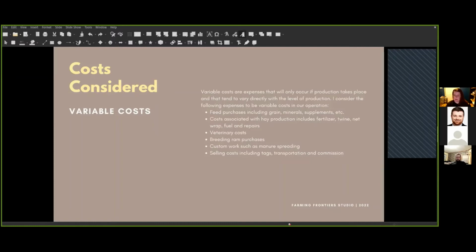even hay, actually. All the costs associated with producing our own hay. So that with fertilizer, twine, net wrap, fuel and repairs, custom work, because we don't actually own any equipment, and veterinary costs, breeding ram purchases. We buy rams every year for our ewes, don't keep any back.